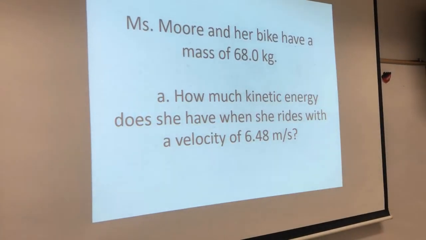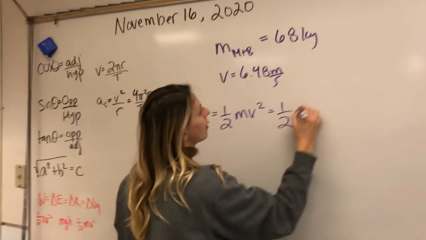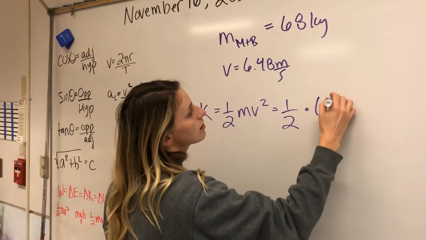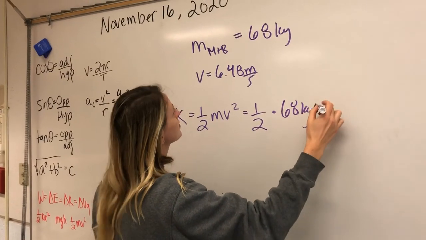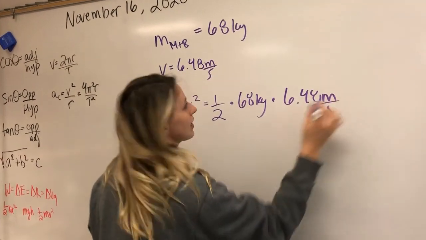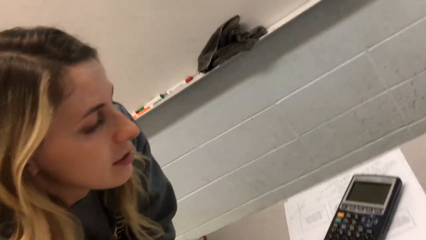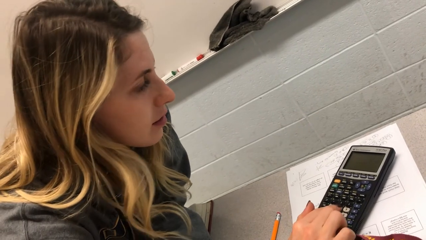Okay, well, I want to know the kinetic energy. I know the equation for this: 1/2 mv squared. So 1/2 times my mass, 68 kilograms, times my velocity, 6.48 meters per second. 0.5 times 68 times 6.48, and I get... oh, I didn't square it.